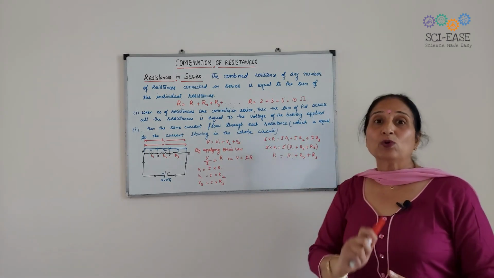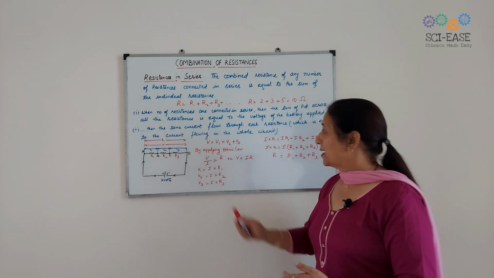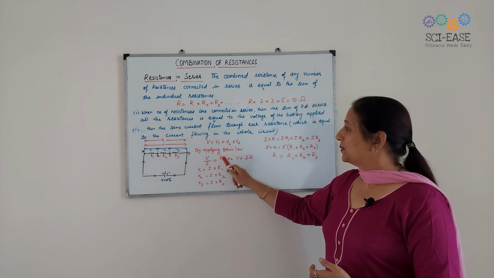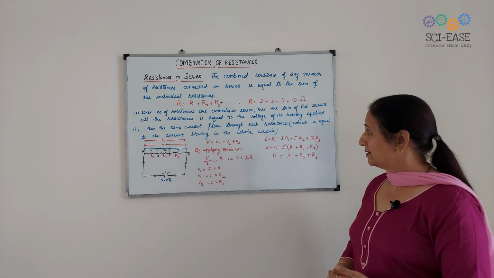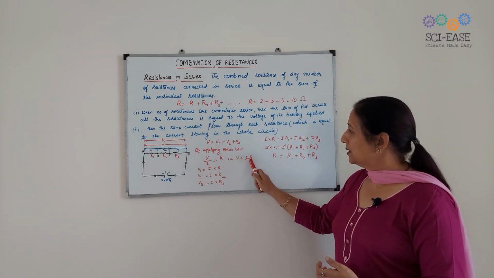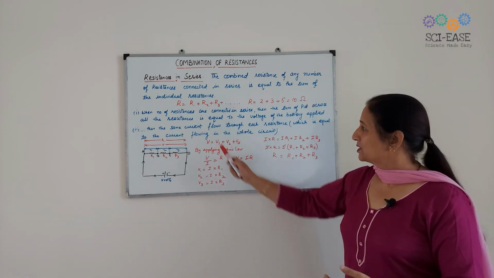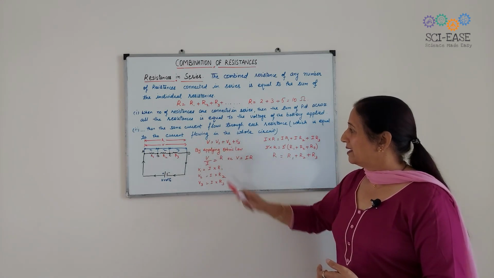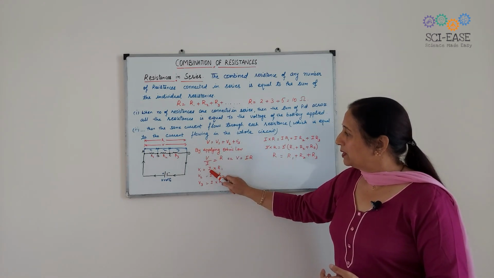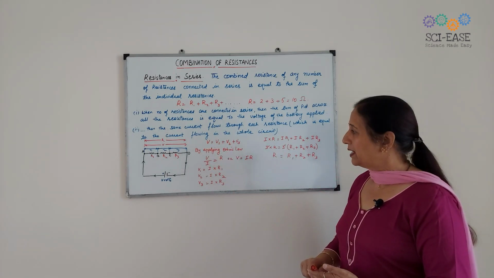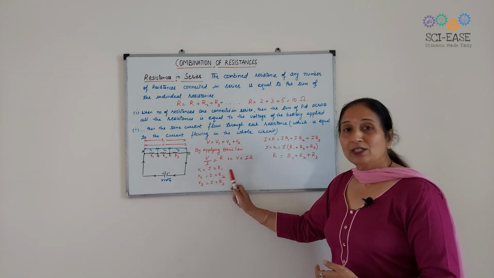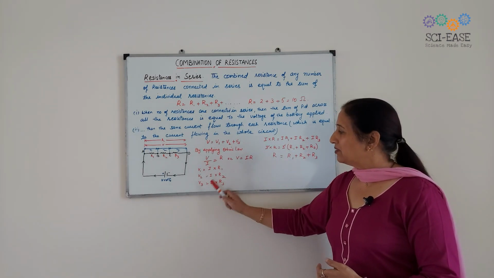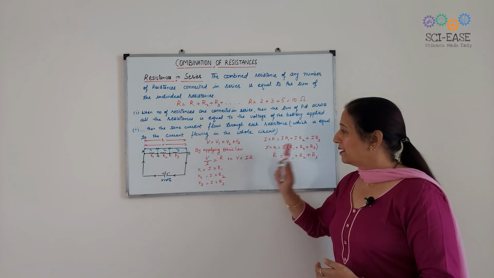Now by applying Ohm's law, V by I is equal to R, or V is equal to IR. So V is equal to IR, and V1 will be equal to I into R1, V2 is I into R2, and V3 is I into R3.